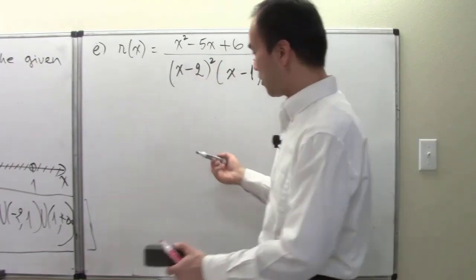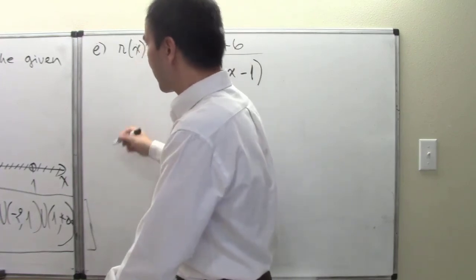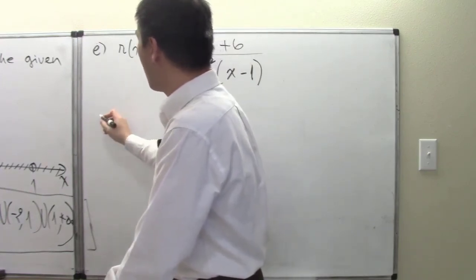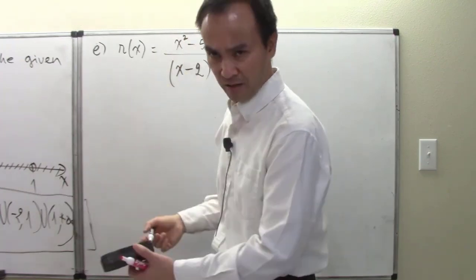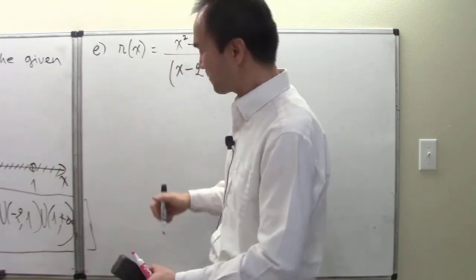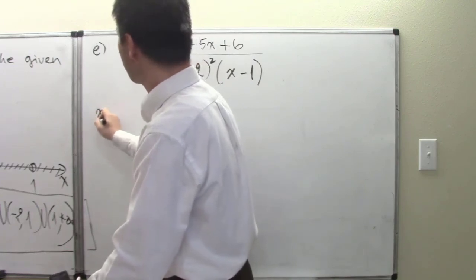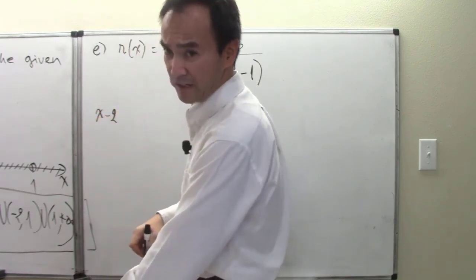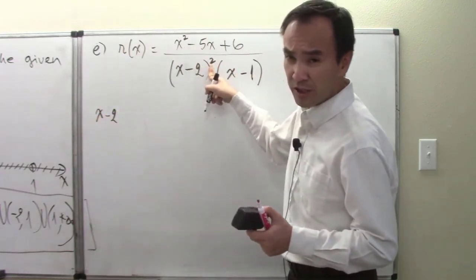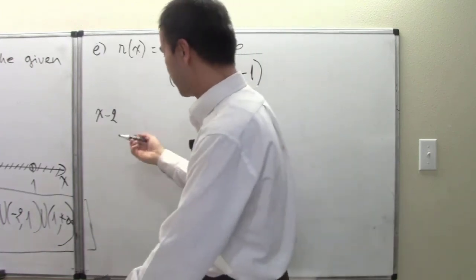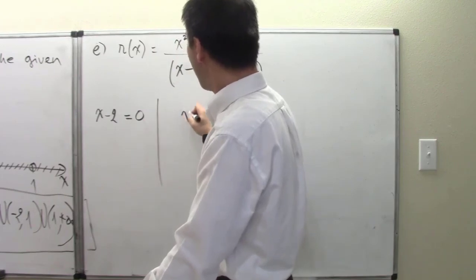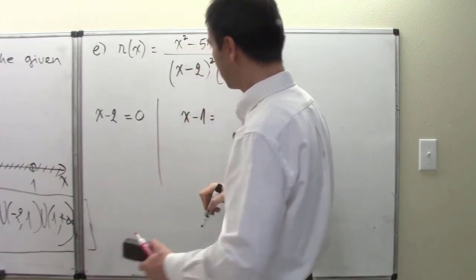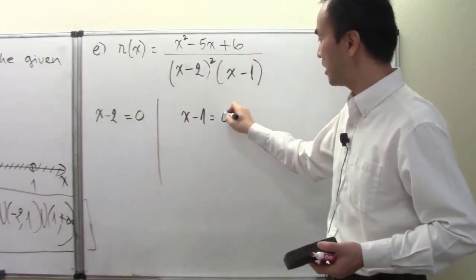So I don't even have to write the line let the denominator equal 0 anymore, because we are well aware of that. I'm going straight into x minus 2 as one of our distinct factors, even though it has multiplicity 2. I'm going to let that equal 0. x minus 1 as the other distinct linear factor, I'm also going to let equal 0.